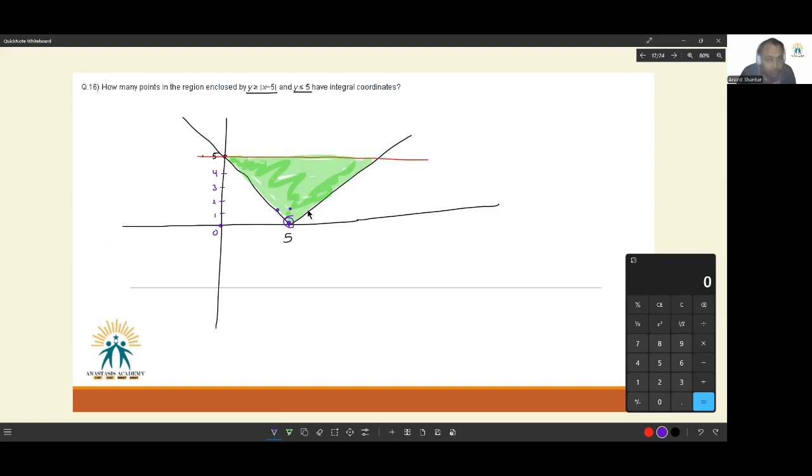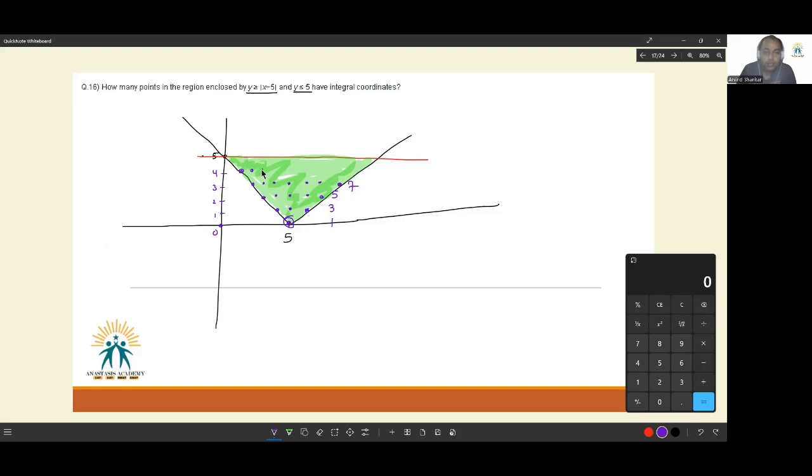Additionally, 1, 4 and 1, 6 will also be a point. At one layer, you get 1 point. At the next layer, you get 3 points. Then we go further down, and we'll get 5 points. Then we'll get 7 points.